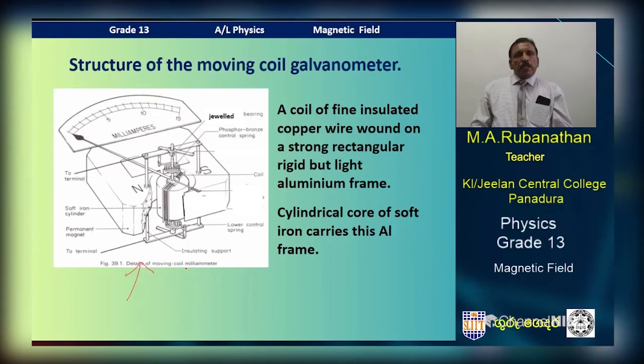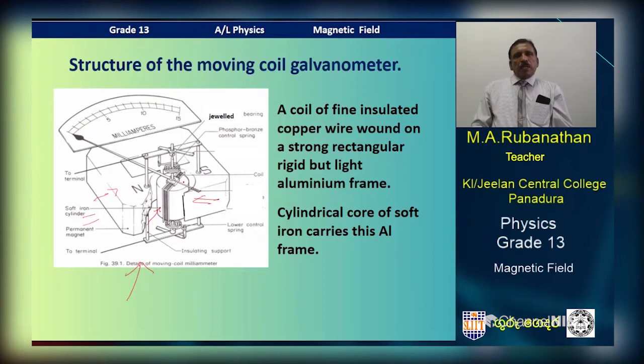There I indicate the most important parts. This is a soft iron core, a soft iron cylinder. We always place the soft iron cylinder in between these fields because we want to strengthen the field. These are the two radial magnets, North Pole and South Pole.